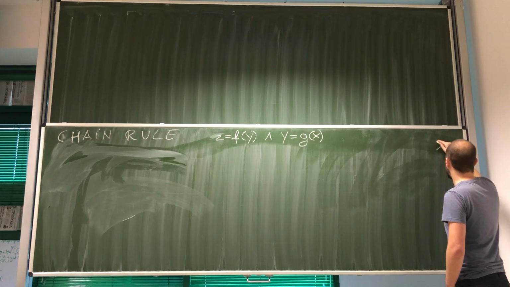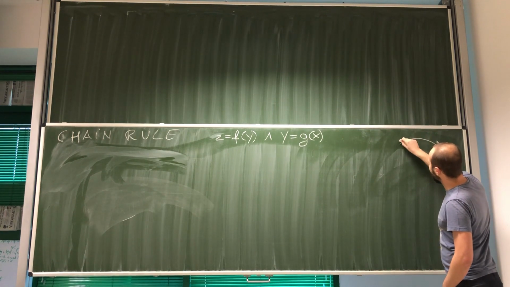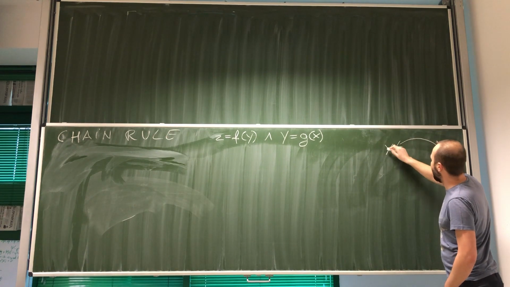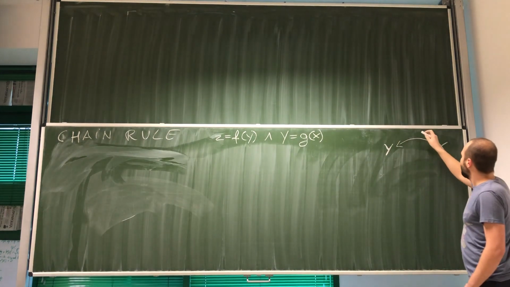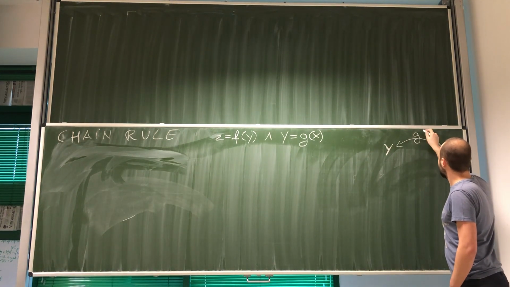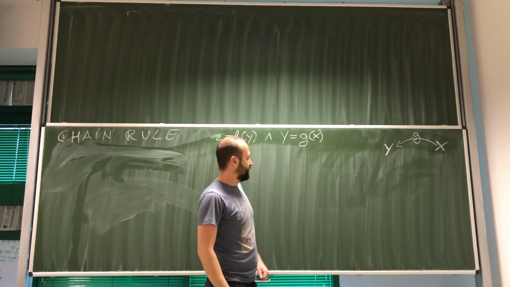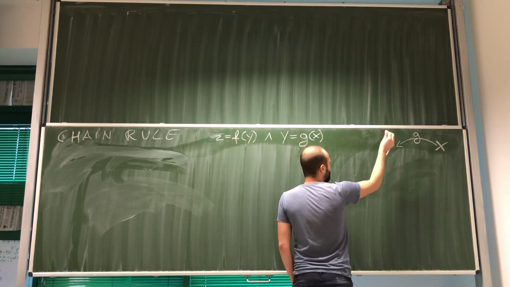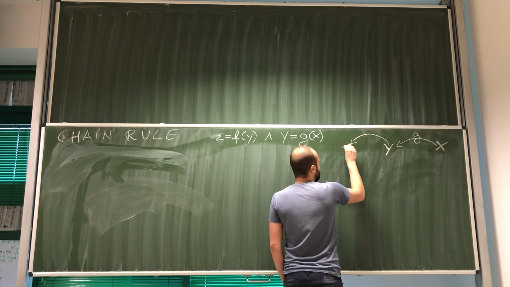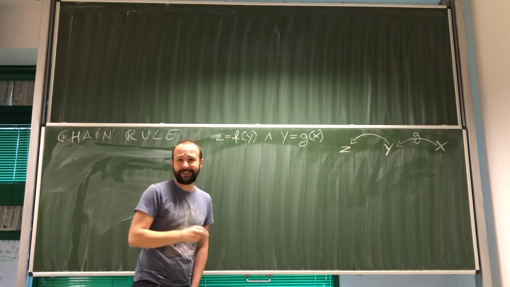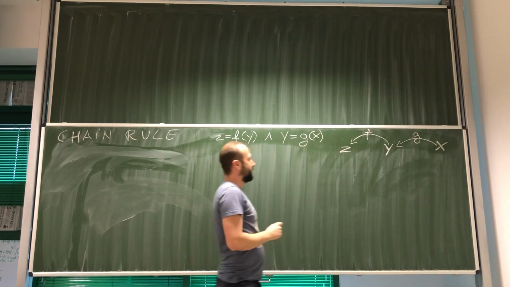So look, if x is changing, it influences y. So it will create a change in y through function g. Then, when y is going to change, this is going to induce change in z through function f.